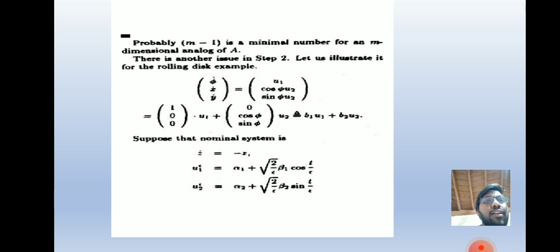Now suppose that the nominal system is u1 is equal to alpha 1 plus root 2 by t beta 1 cos t by 2, and u2 is equal to alpha 2 plus root 2 by t beta 2 sin t by 2.